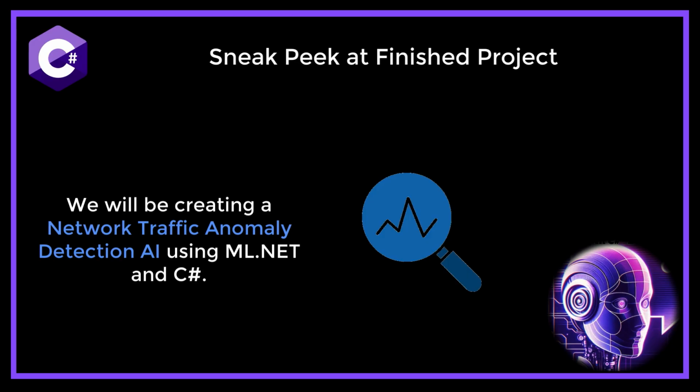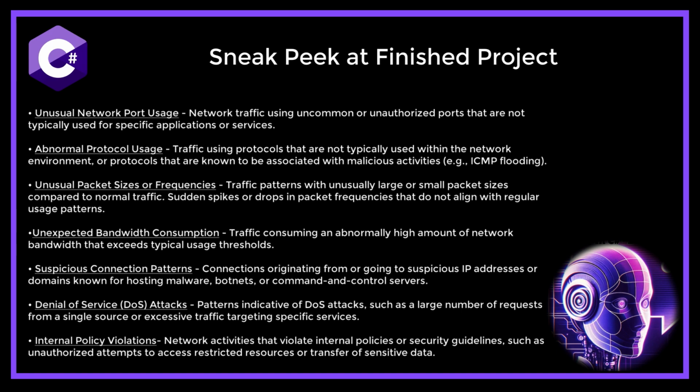Then we will be creating a network traffic anomaly detection AI using ML.NET and C#. In the context of this example project, anomalous network traffic refers to patterns or behaviors in the network data that deviate significantly from what is considered normal or expected.